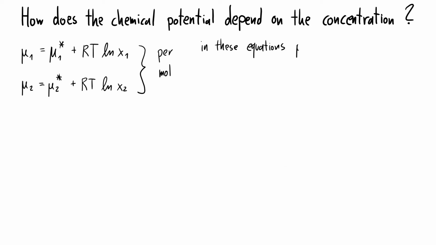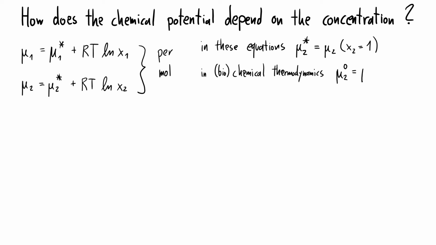But first, let us be aware that for the solute, this parameter here is the chemical potential of the solute in the pure state, meaning the mole fraction is 1. 100% is pure state. In biochemical thermodynamics, however, the standard chemical potential of the solute is usually at a concentration of 1 mole per liter and not at the pure state.